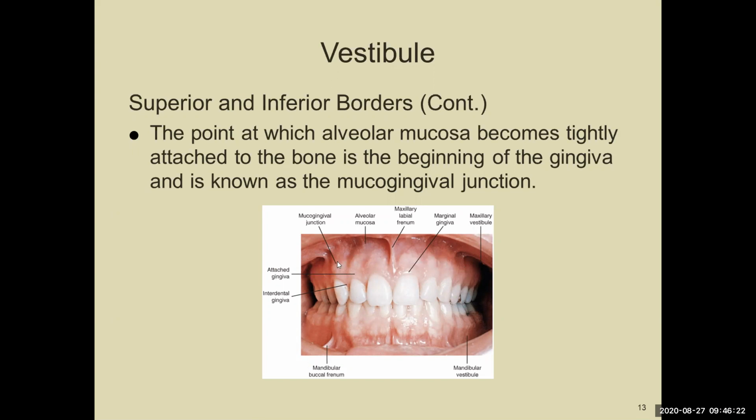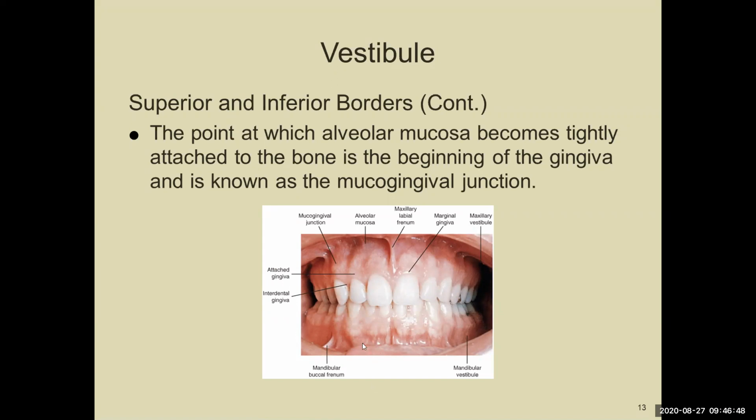Everything from here to here is firmly bound. You can see it better down here. This is what you'll be measuring when you're doing your periodontal assessment. You're taking your periodontal probe, which is a measuring instrument, and measuring to see how wide that zone of attachment is.